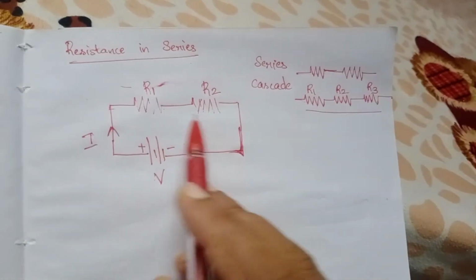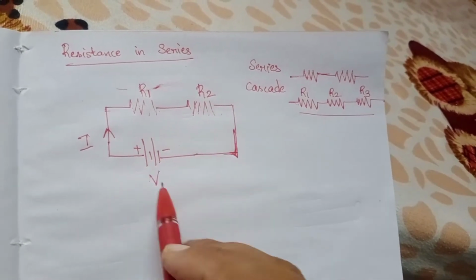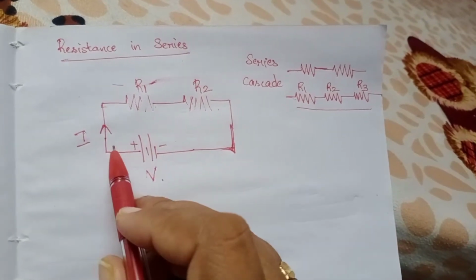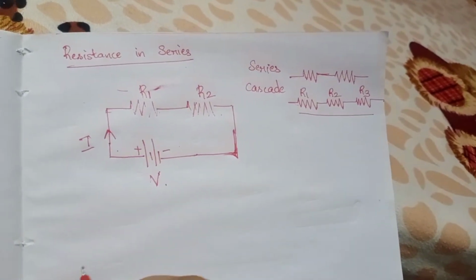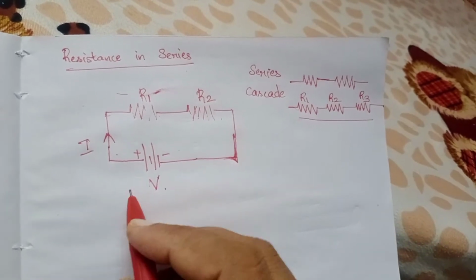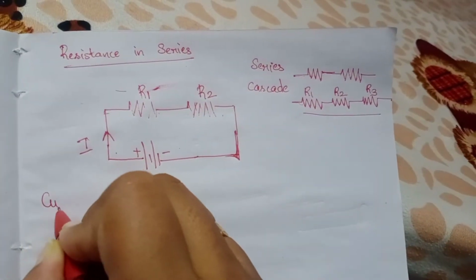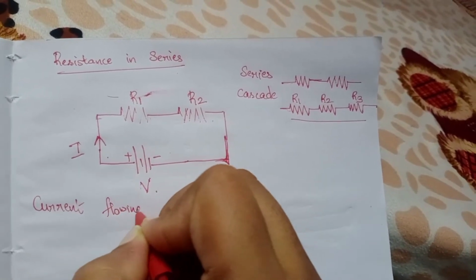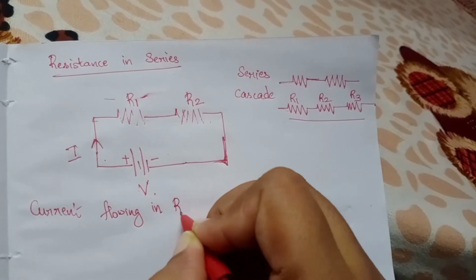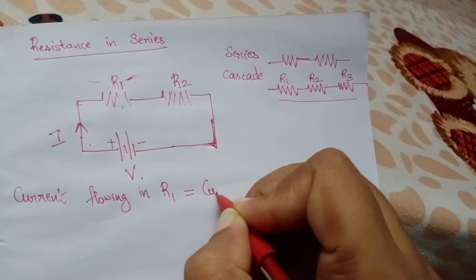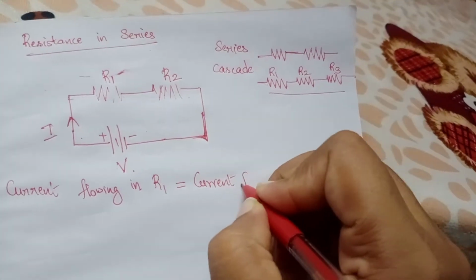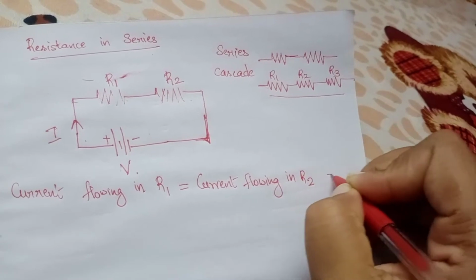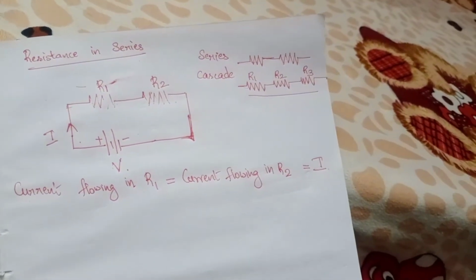So I am connecting two resistances in series to a voltage source V. A current I passes through the circuit. Now we can say that the current flowing in resistance R1 will be equal to the current flowing in resistance R2, which will be equal to the total current.